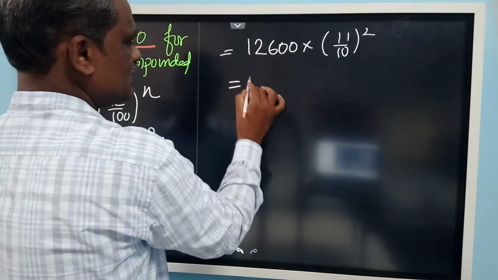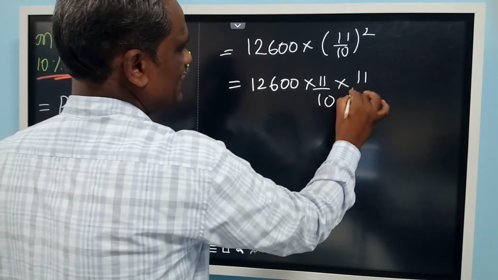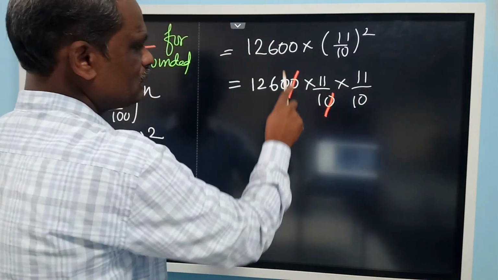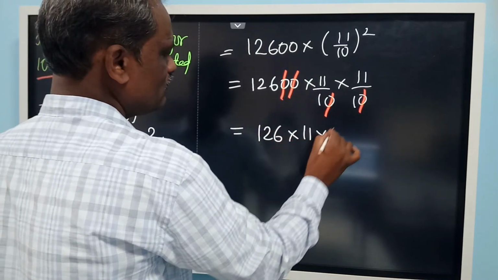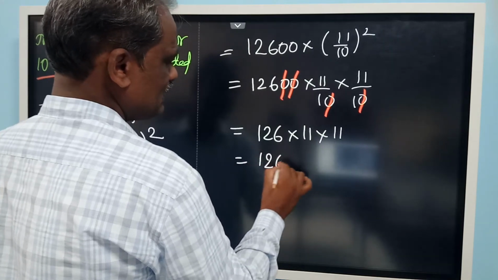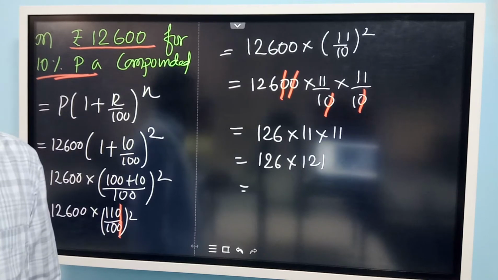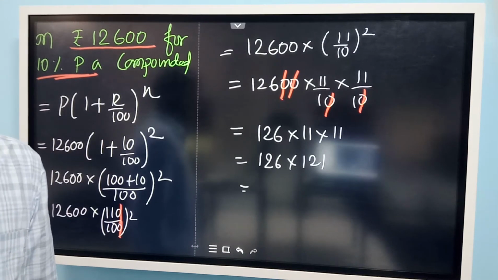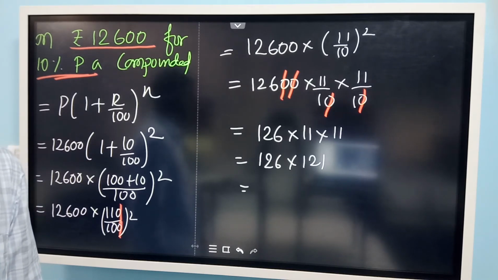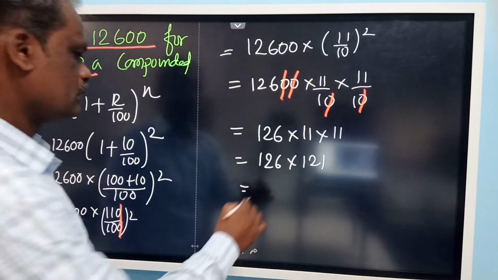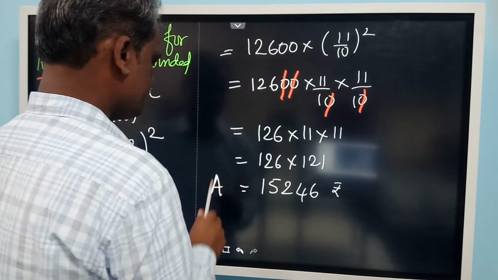So 12,600 into 11 by 10 into 11 by 10. Cancel 0 with 0, and you get 126 into 11 into 11, so 126 into 121. The product of these two gives 15,246 rupees. So this is the amount.